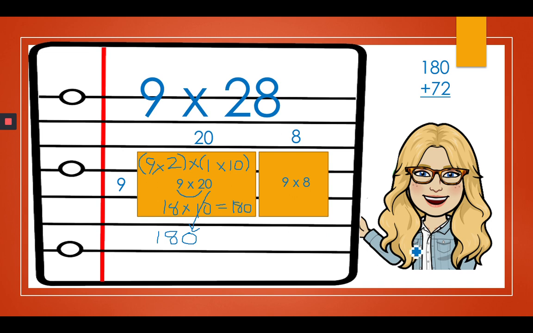All right, so now let's move over here to the 9 times the 8. 9 times 8, if I know my multiplication facts, I know that that is 72.